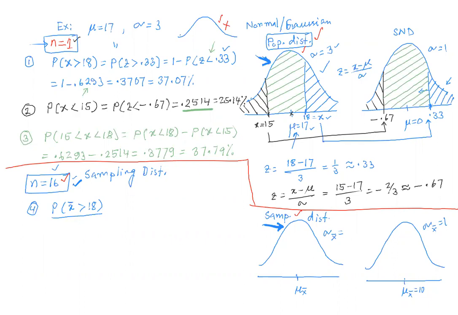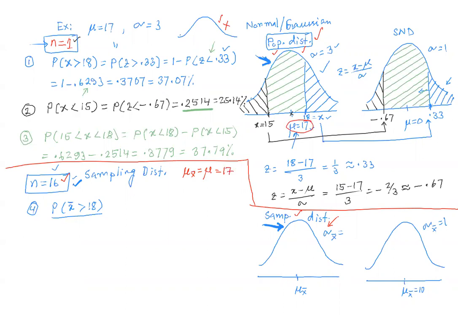So this one, even though the sample size is less than 30, which is 16, the sampling distribution here is still bell-shaped or normal or Gaussian because the original population is normally distributed. And that means we can use the conclusions of the central limit theorem, which says mu sub x bar is equal to mu, but mu we know is 17.